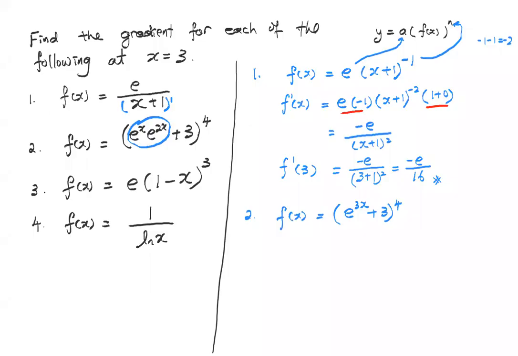Okay, so f prime x, bring down the power. Bring down the power, multiply by the power that is 4. Copy down the whole thing. Power take away 1. Okay.